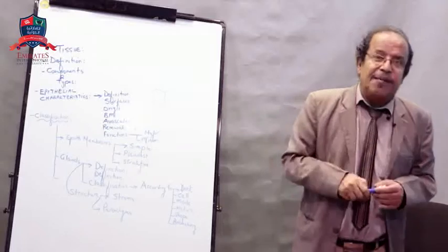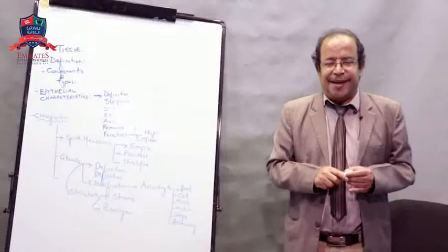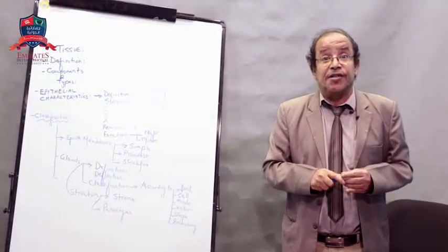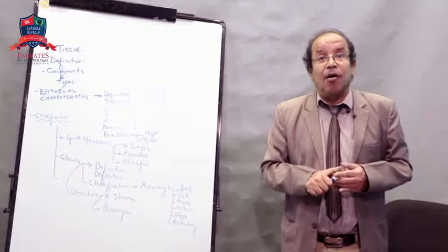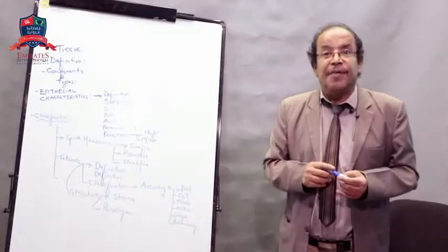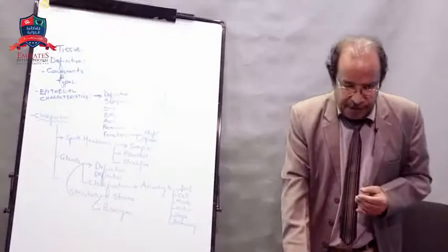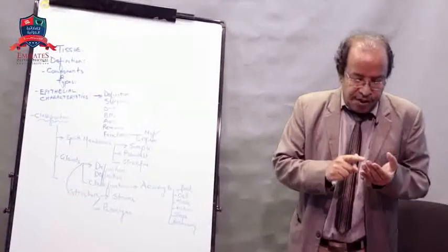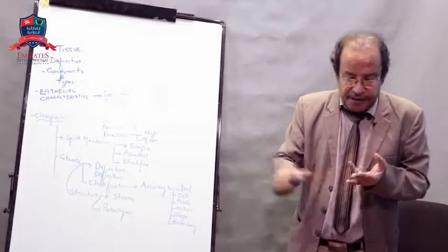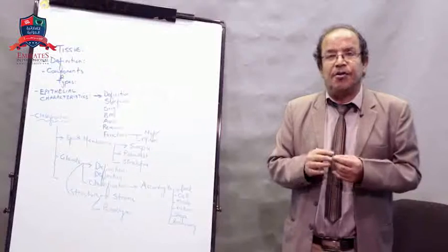You go to the stomach, the small intestine, the large intestine, the liver, the pancreas, the gallbladder. All these structures have epithelium, and these epithelia originate from the endoderm. Therefore, epithelium originates from the endoderm and from the ectoderm, and they also originate from the mesoderm.